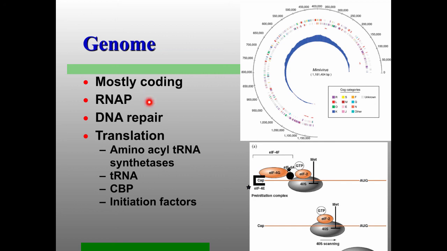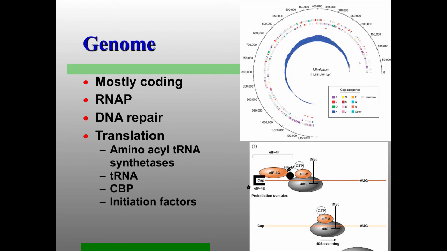Not unlike the pox viruses, which are related to these giant viruses, it has DNA repair, but most importantly, the translation machinery. None of the other ones until they found this one had aminoacyl tRNA synthetases as well as tRNA. It also has the cap binding protein, this eIF4E homologue. So basically everything but the ribosome as far as we're concerned for all of these viruses.